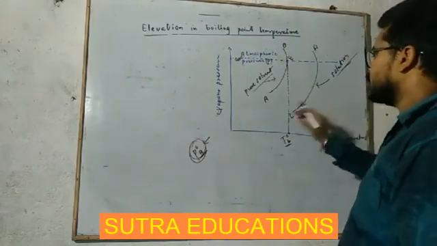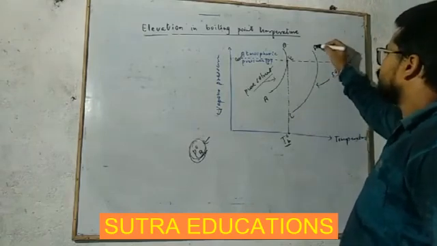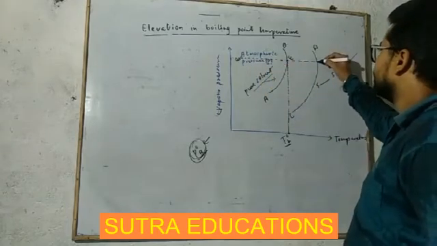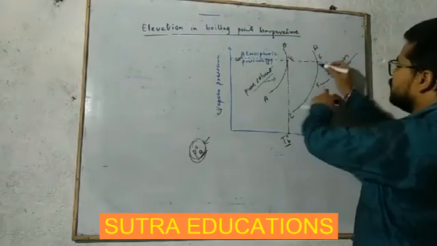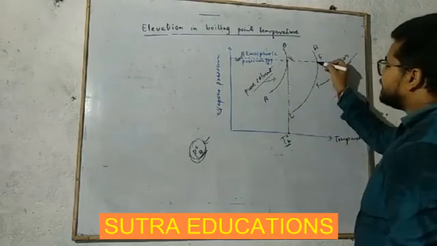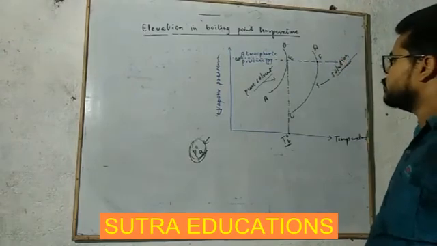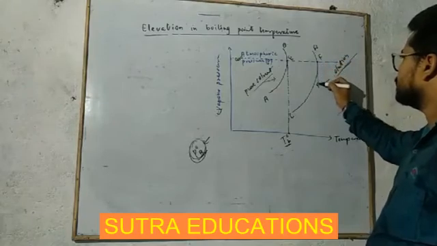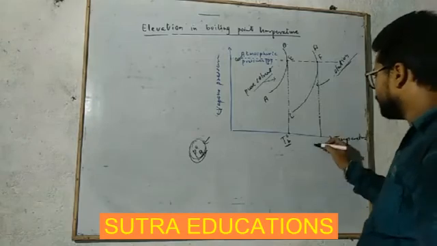And again, a temperature comes when vapor pressure of this solution also becomes equal to the atmospheric pressure, and say this point be F. So at point F, vapor pressure of solution becomes equal to the atmospheric pressure. So we say the solution has started boiling, and this point is known as boiling point temperature of the solution, TB.